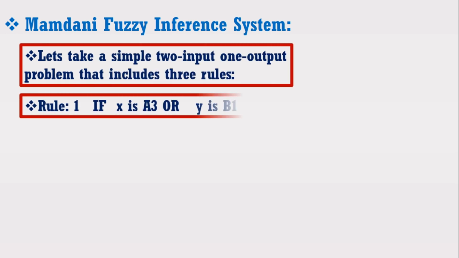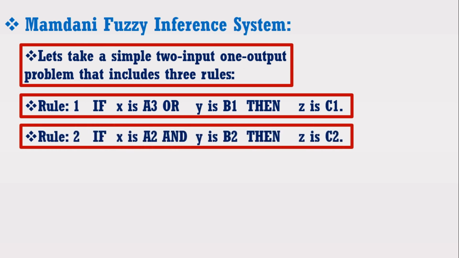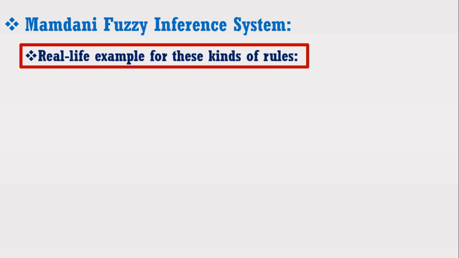Rule number 1: if x is a3 or y is b1, then z is c1. Rule number 2: if x is a2 and y is b2, then z is c2. Rule number 3: if x is a1, then z is c1. Friends, it may be difficult for you to understand the real meaning of these rules. Therefore, let's apply these rules to a real life problem.